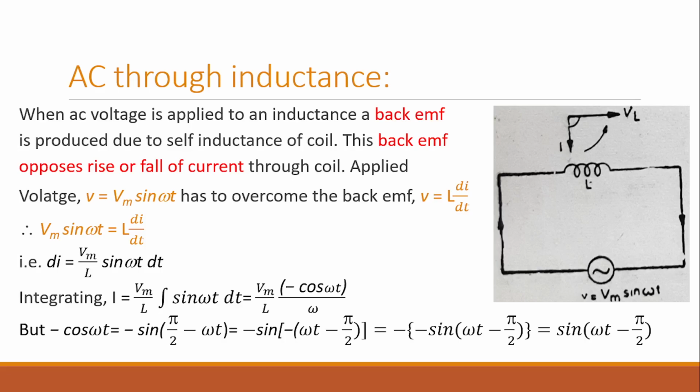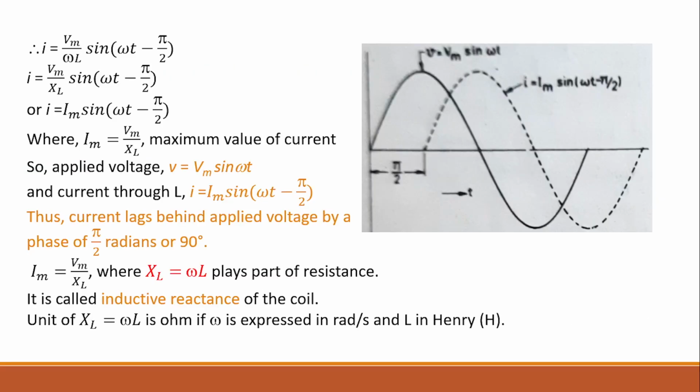So we have the voltage applied by the source, equal to Vm sin omega t, and the current flowing through the inductance L, equal to Im sin(omega t minus pi by 2). Now compare the equations.